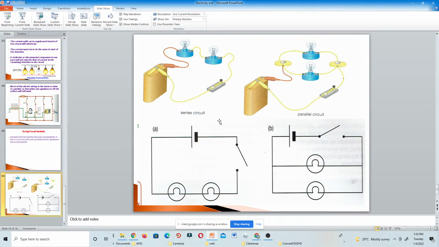That's a simple series circuit. Now back to the right hand side, and we have a more complex, much more difficult parallel circuit. Again, you have the two bulbs, as these two represent bulbs. You have a battery. This represents the switch.